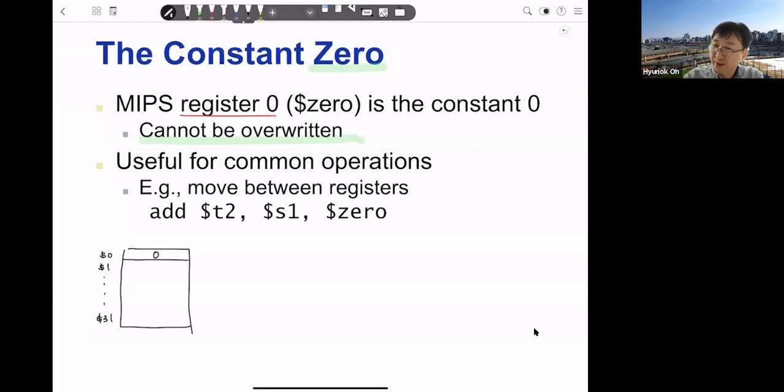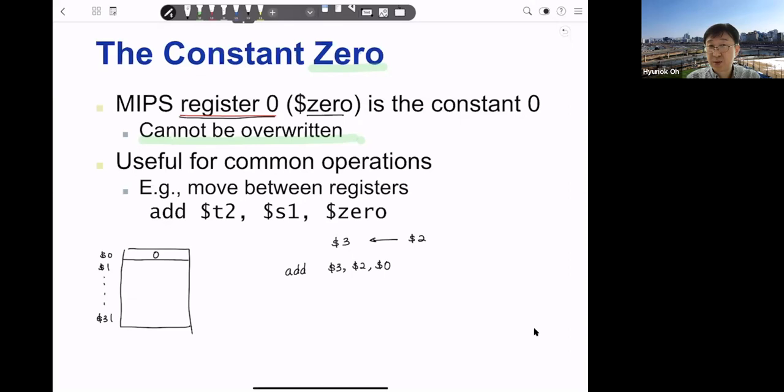Okay, so register 0 is 0, and that's very useful. For instance, if you want to move from register 2 to register 3, there is no move instruction in MIPS. Instead, you can use the add instruction: add $3, $2, $0. $0 contains 0, so $2 plus 0 is $2.